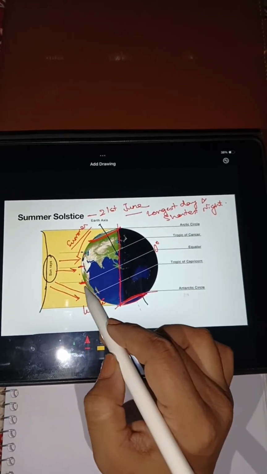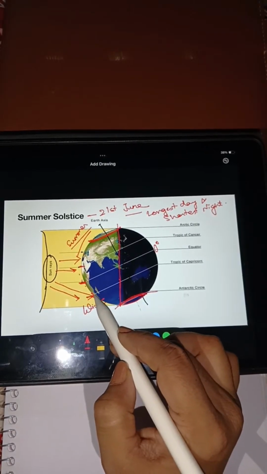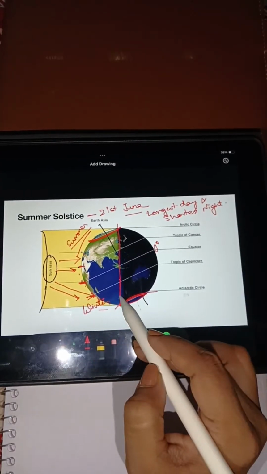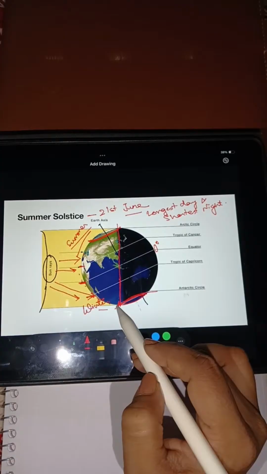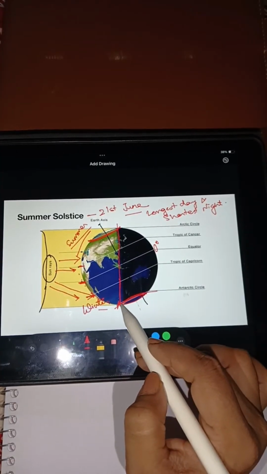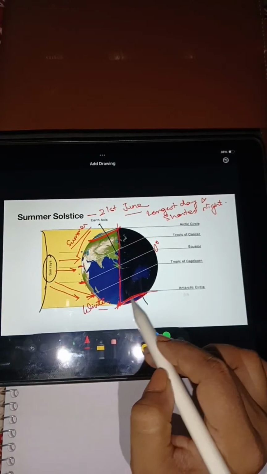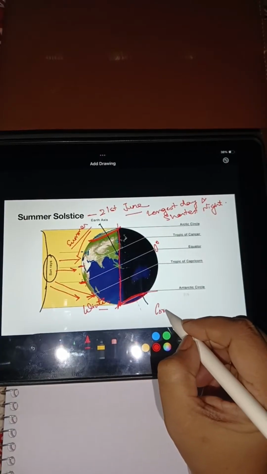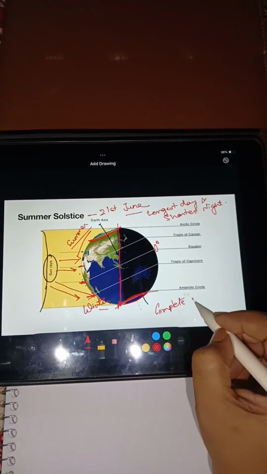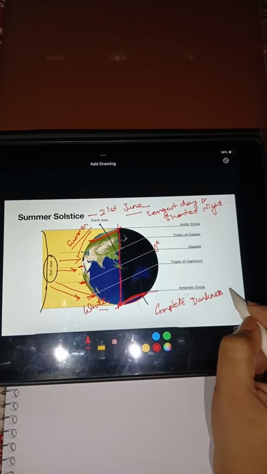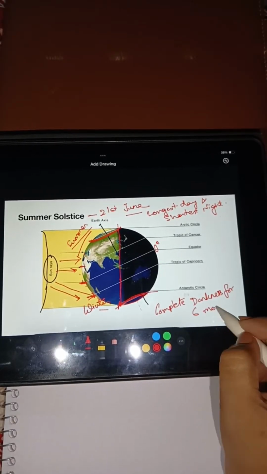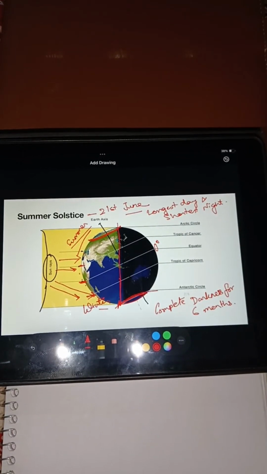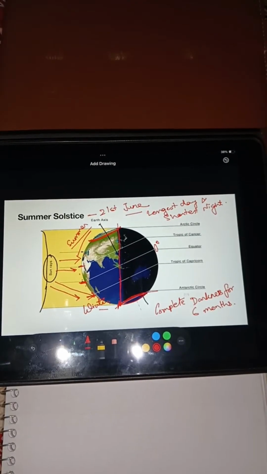This is the overhead position, and as the sunlight reaches the Tropic of Capricorn and beyond, the rays become very faint, and from here it is hardly getting any ray, and that is why this region has complete darkness for 6 months. So this is the position of the summer solstice.